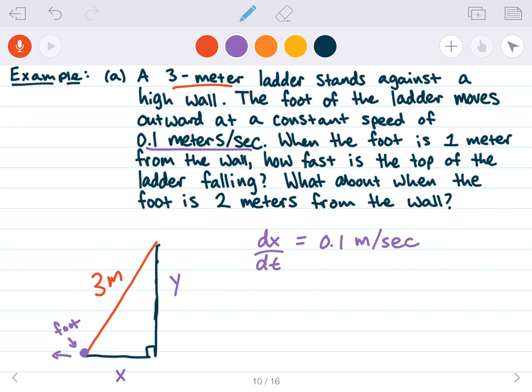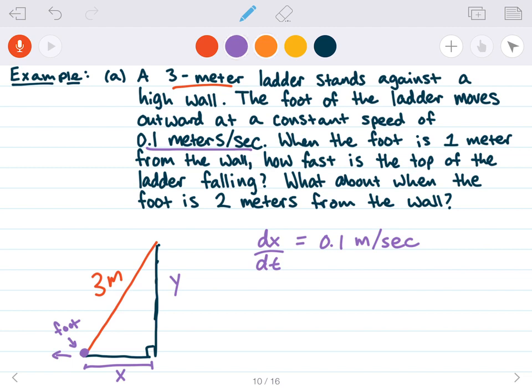And it's positive because the change in x, basically the distance between the ladder and the wall, the x coordinate, is getting larger and larger and larger. So that rate of change is a positive 0.1 meters per second.